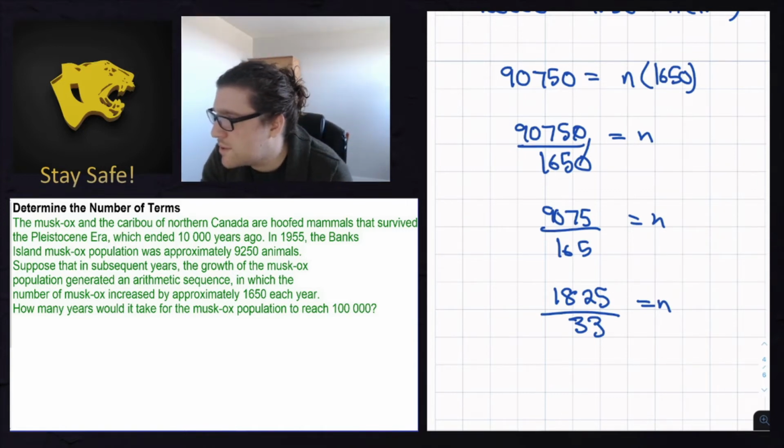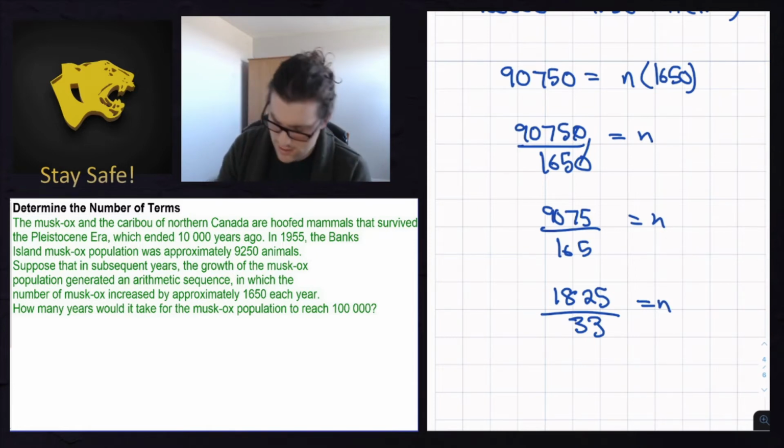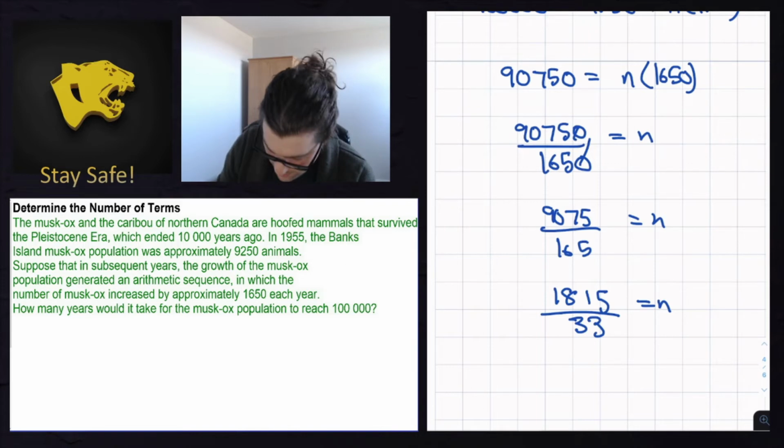Obviously, it's in the last part in my reduction there. 5 goes into 90 18 and then 75. Oh, 15. Oh, stink. I don't know why I put 25. Well, I do because I messed it up, but 18, 15.